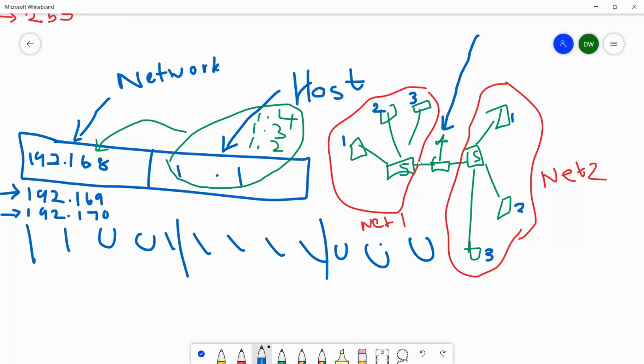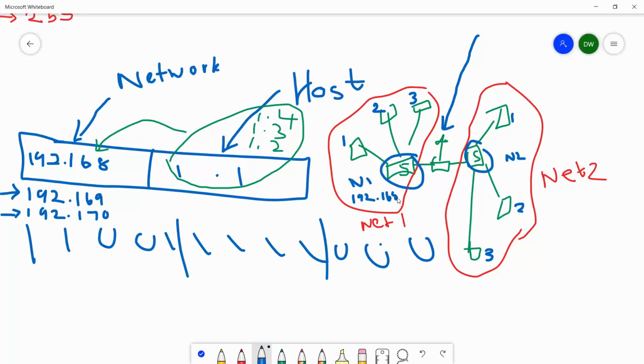So to identify these 2 sides, you use network address. This will be your network 1 and this will be network 2, right? So using network address, you can identify the network, and using IP address of the machine, you can identify each computer.